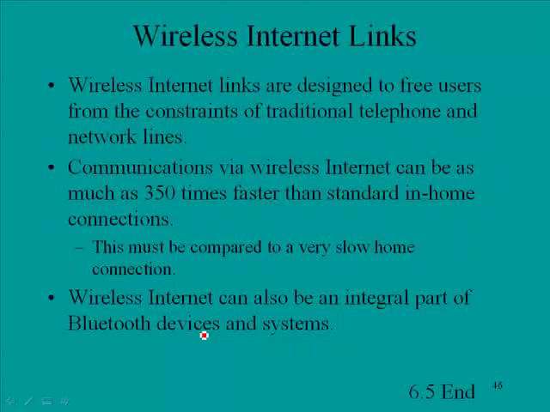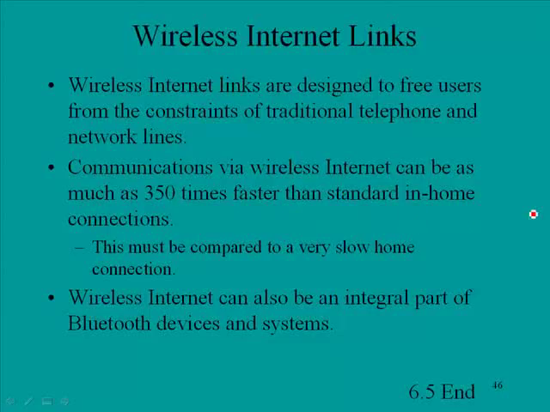Wireless Internet links are designed to free users from the constraints of traditional telephone and network lines. Communications via wireless network can be as much as 350 times faster than standard in-home connections, and this is a quote from your textbook. I'm thinking this must be compared to a very slow home connection, because my experience is that if you have a wired connection via cable, T1, T3, or fiber, it will be vastly faster than the wireless internet connection.